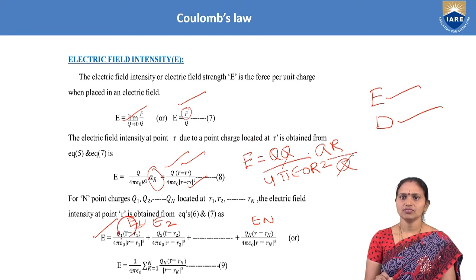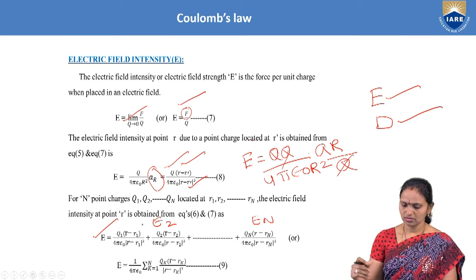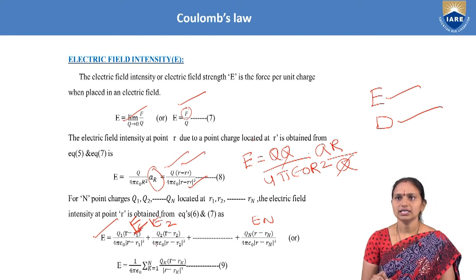And the equation for E: if you take the case of E1, here E1 is nothing but the field intensity due to a point charge Q1, and that Q1 is located at a distance of R1 units from the origin.